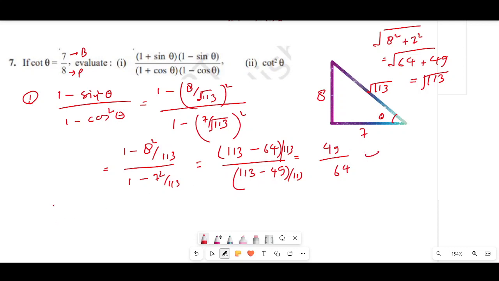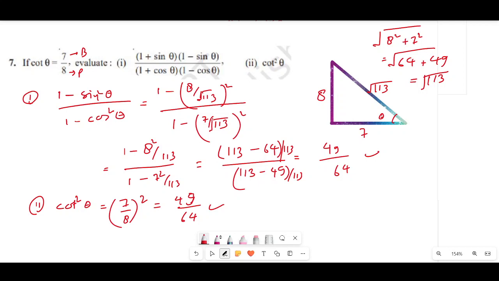Now what is the value of cot square theta? In the second term, cot square theta, cot theta is given as 7 by 8, so we square it. Now after squaring we will get 7 square 49 and 8 8s 64. By the way, this is the formula of this.